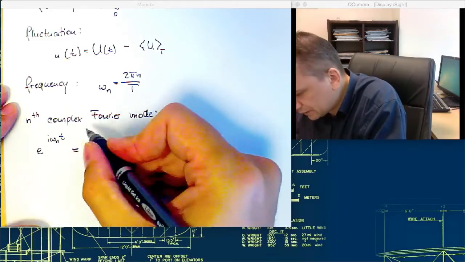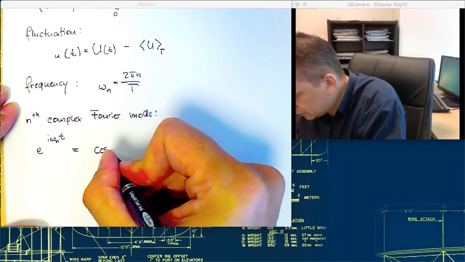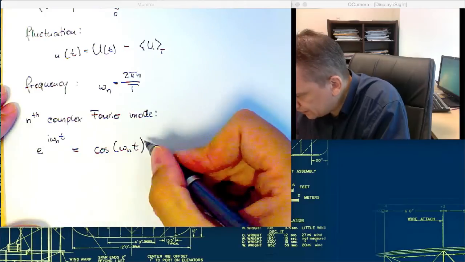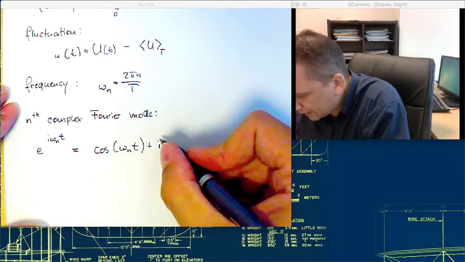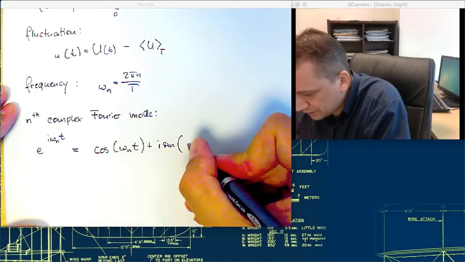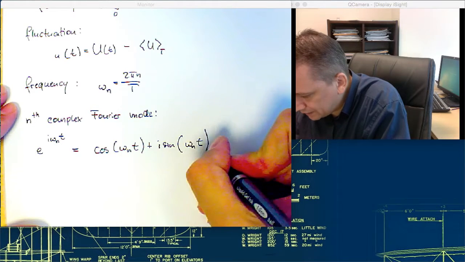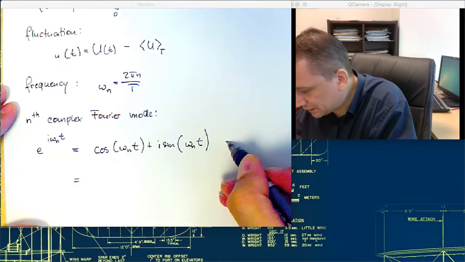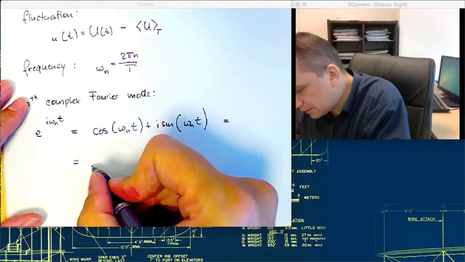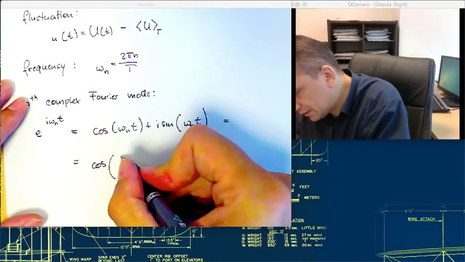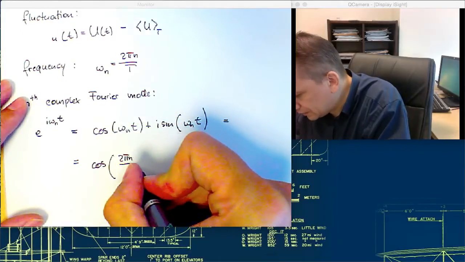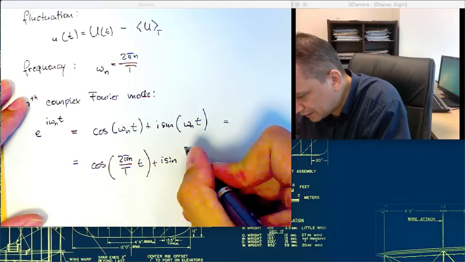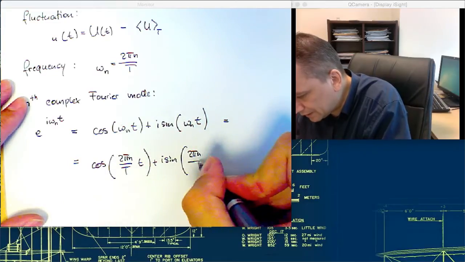If I write that out, it's cosine omega n t plus i sine omega n t. I can put this one inside, then I get cosine 2 pi n over T times t plus i sine 2 pi n over T times t.